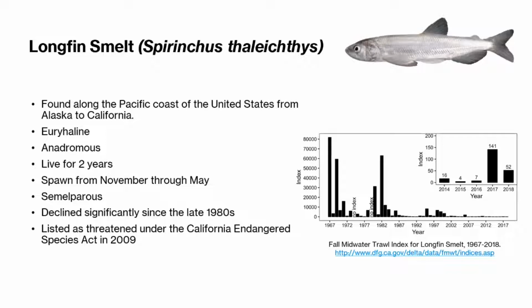However, as you can see on this figure representing the result of the fall midwater trawl survey, the population of longfin smelt in the Bay Delta has declined significantly since the 80s, and as a result, the species was listed as threatened under the California Endangered Species Act in 2009.